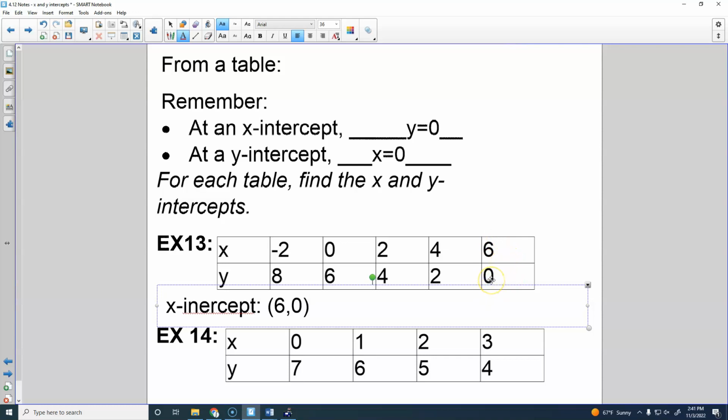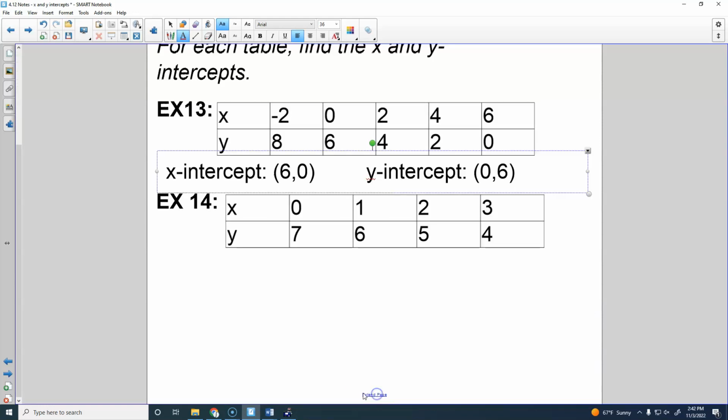Your y coordinate is 0 there, so the 6, 0 is your x-intercept. For the y-intercept, it is 0, 6. It's this point. X equals 0, and y equals 6. We're okay there?